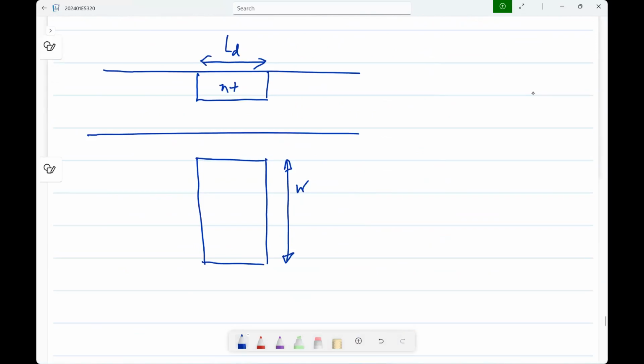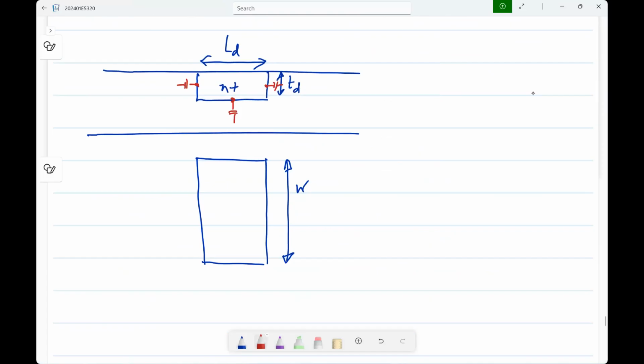It depends on the technology, it will be given to you. Okay, it is LD. So now there are two contributions to this. This depth is fixed. Okay, so we won't get into all of that stuff, but that depth will be fixed. So now there is a capacitance from the bottom part, and there is a capacitance from these side walls.